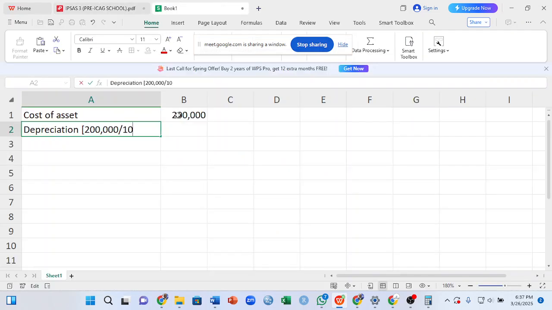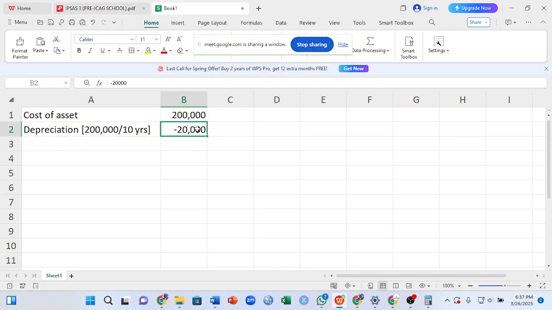So we bring the 10 years and calculate. What do we get? 40,000? Are you sure? 200,000 divided by 10 is 20,000. Yeah, 20,000. So this will be 20,000.